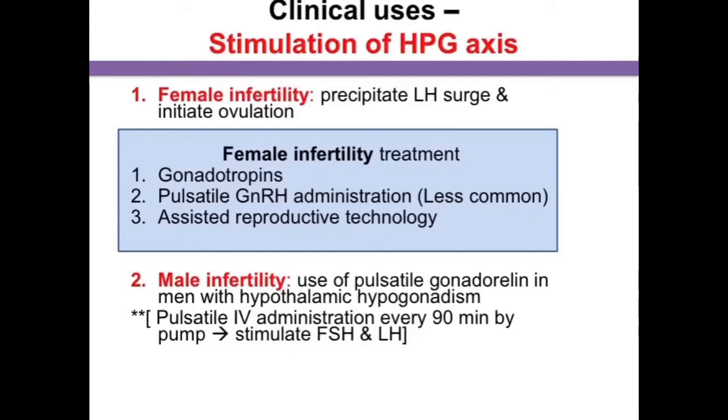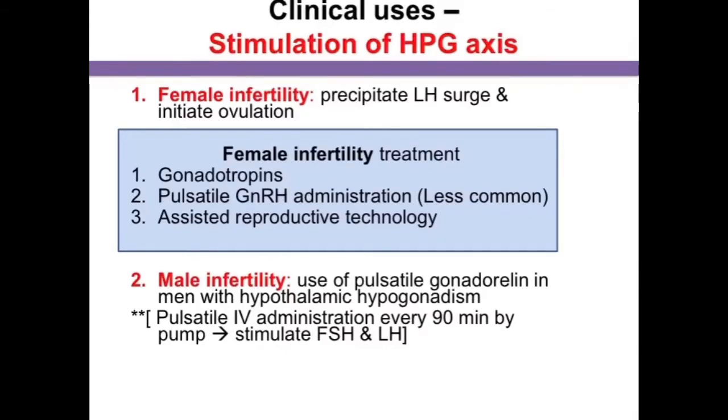For treatment of female infertility, there are three common ways. Firstly, we give gonadotrophins, FSH or LH. We can also give pulsatile GnRH, but less commonly. And we can use assisted reproductive technology. And sometimes these treatment modalities are used in combination.